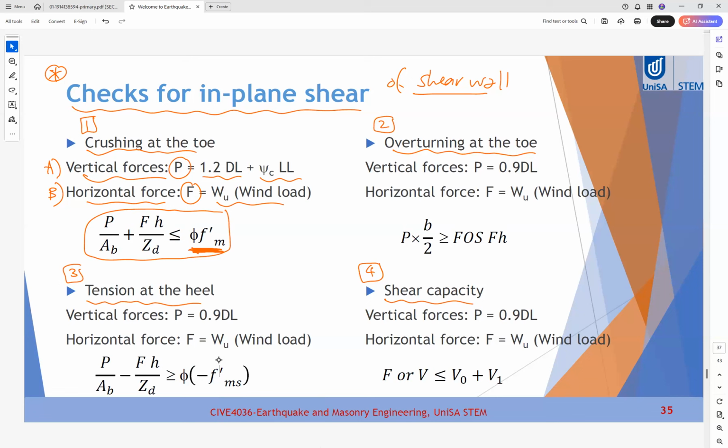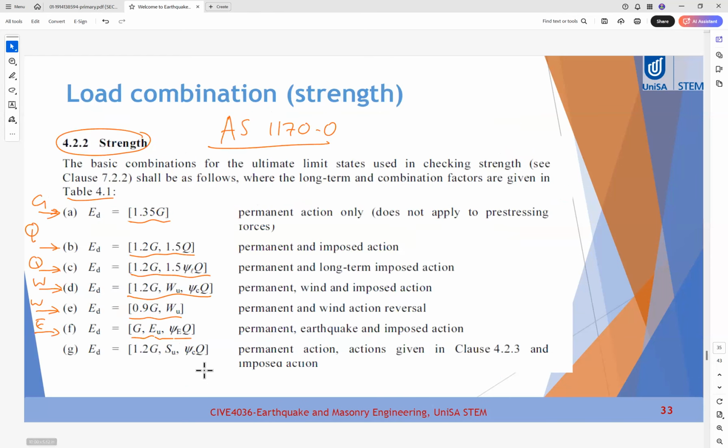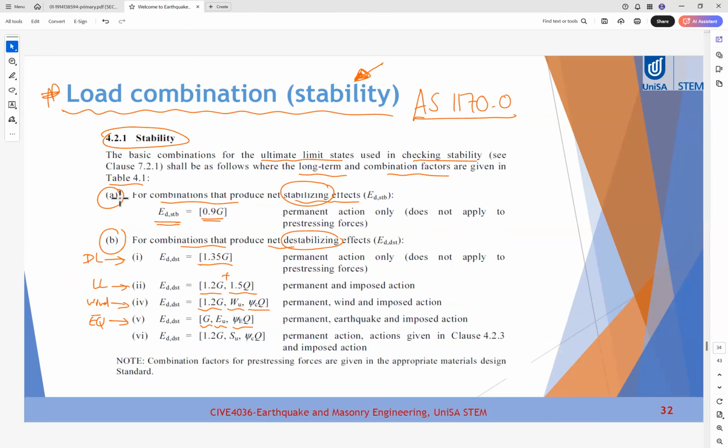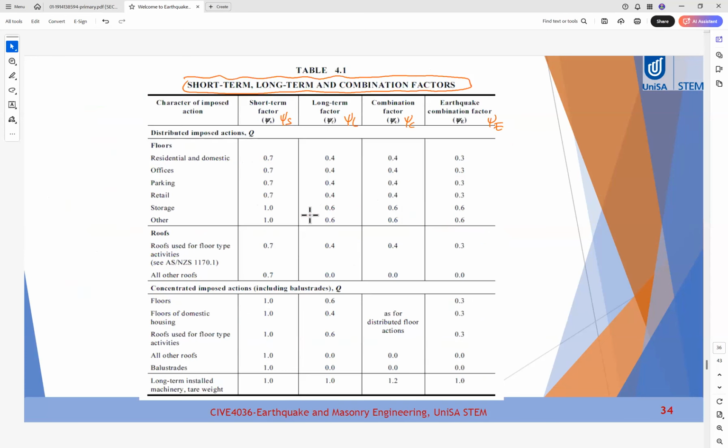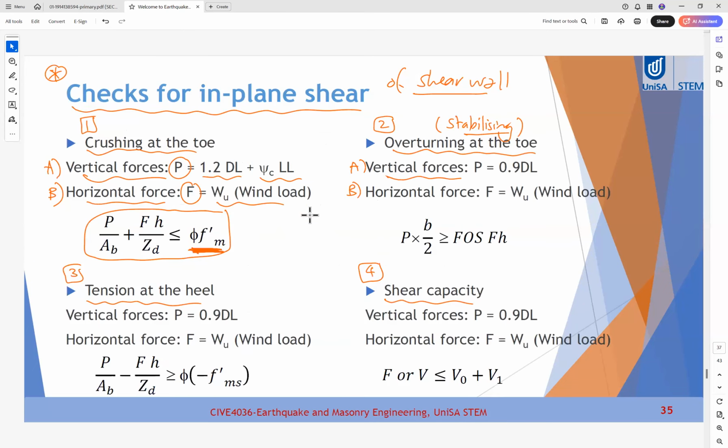For overturning, you have also two cases of loading, vertical forces and horizontal forces. Here overturning is one of the stabilizing effects or stabilizing conditions of the load combination. Because when the wall is overturning, you need to stabilize it or make it stable. So the overturning at the toe is a stabilizing effect.